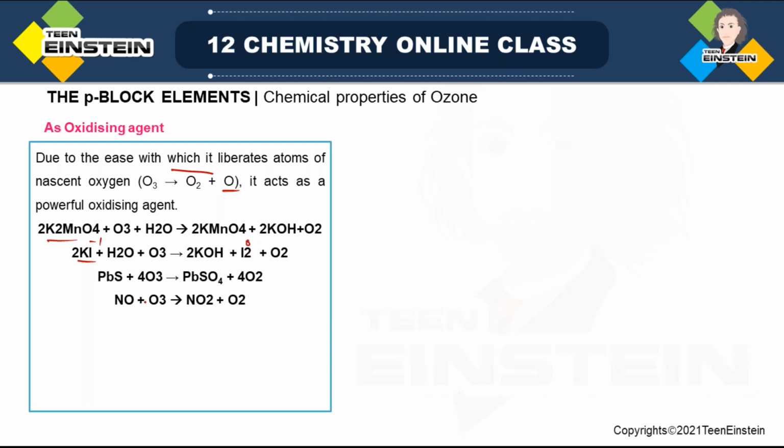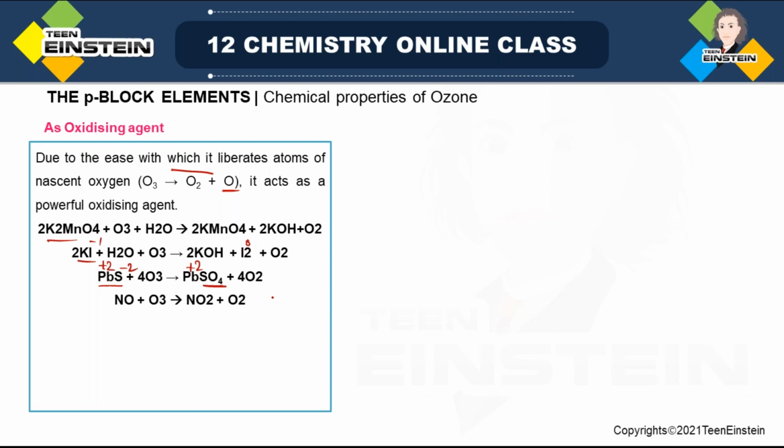Third one: if we consider PbS, then the oxidation state of lead is +2. After the reaction we are getting PbSO4, lead sulfate. This also has oxidation state +2. So with respect to lead, it is not oxidation. But if you look at sulfur, it has oxidation state -2, and in the sulfate ion, that is SO4 2-, sulfur has oxidation state +6.